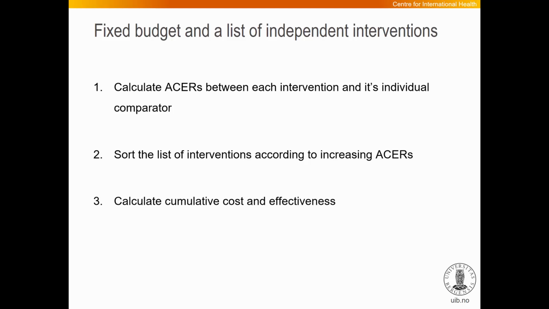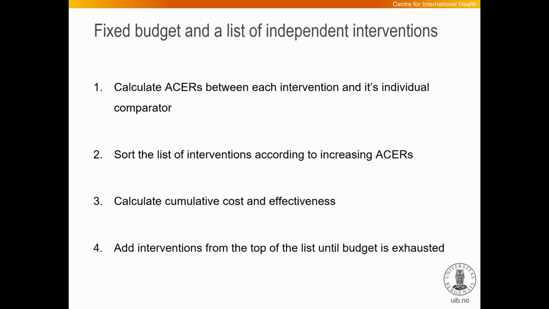Then we calculate cumulative costs and effectiveness, introducing the interventions one by one. And remember, we can implement as many as we want, or as many as we can afford of these interventions, because they are independent. And finally, we add interventions from the top of the list until the budget is exhausted.